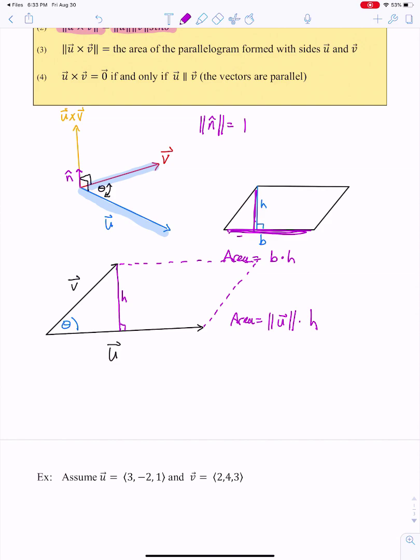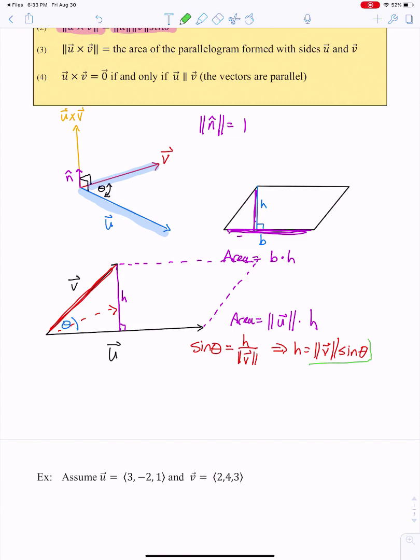Okay, well, what's the height? In order to get an expression for height, I'm going to use some trigonometry. The sine of theta is equal to the opposite, which is h, over the hypotenuse, which is the magnitude of v, which means that the height is equal to the magnitude of v times the sine of theta.